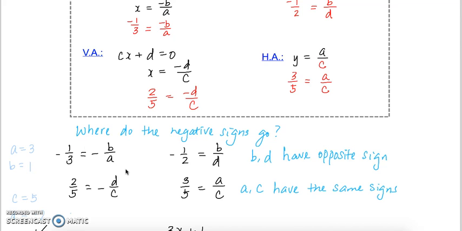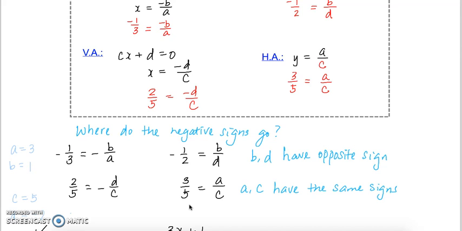Well, I'm just relisting everything without placing the negative signs with a particular letter or variable. And what catches my eyes are these two ratios in particular. I see that a over c is 3 over 5, so that means a and c must have the same sign.